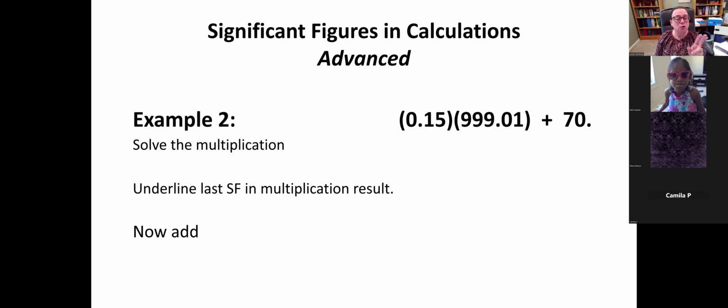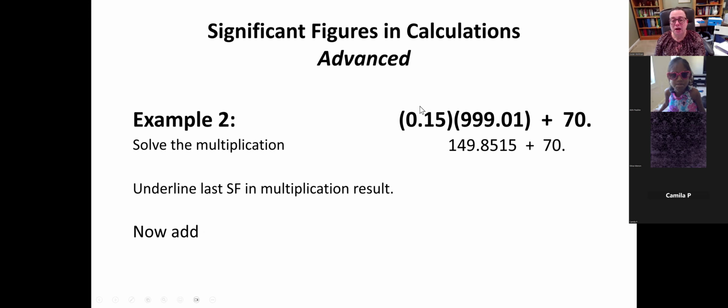So if we put just the multiplication part in our calculator, we get 149.8515. And then we have to think about that. Where should we have stopped? We probably shouldn't have written down all of those digits. How many significant figures should be in that answer from just the multiplication part?